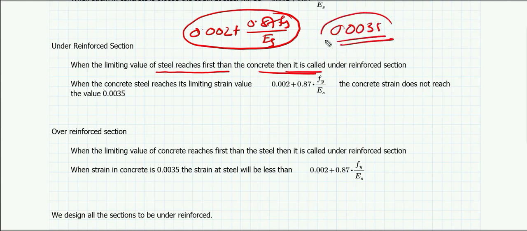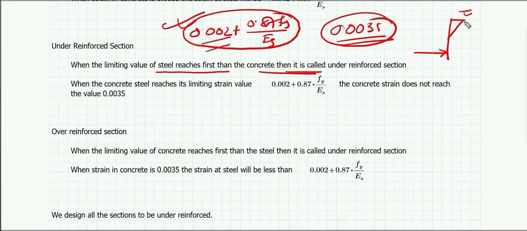That means the limiting value of concrete is not reached, but the steel has already reached the limiting value of strain. That means the strain in concrete is under limit, so it is okay, but the steel is yielding. Steel is failing. Steel is elongating gradually, going from the elastic limit to the plastic limit, and now it is approaching failure.